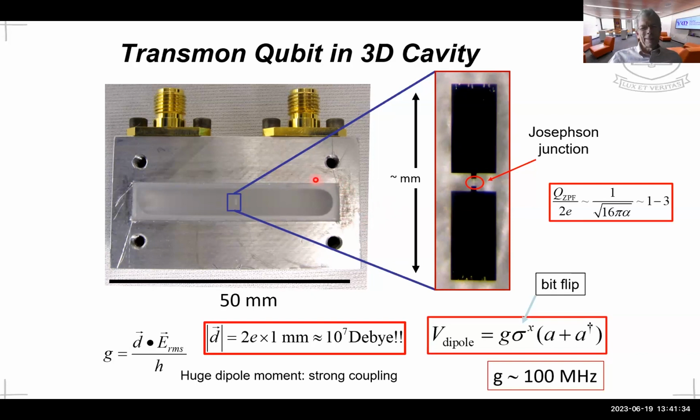But if you put this inside a cavity which does not have any modes at the frequency of the transmon, so let's say the transmon excitation is at 5 gigahertz and the cavity is at 7 gigahertz or something like that, then there's no density of states to radiate into, and the lifetime can be 1,000 times longer, 100 microseconds, or even 10,000 times longer, approaching a millisecond.